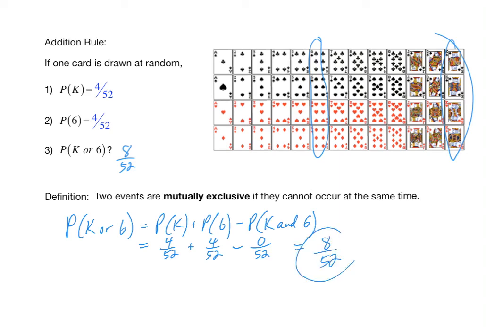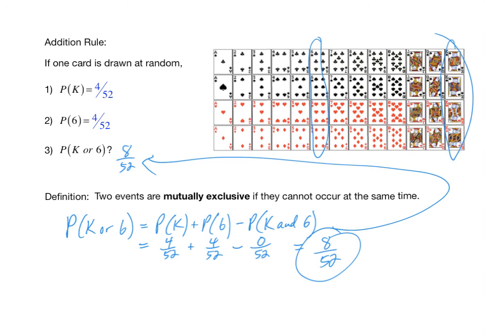So the addition rule still works, even when there is no overlap between the two events. When we had diamonds overlapping with kings, then we had to subtract stuff off. Here we don't need to subtract anything off, but it ends up being 0 in the formula. That's why it doesn't matter. So the addition rule applies in general.